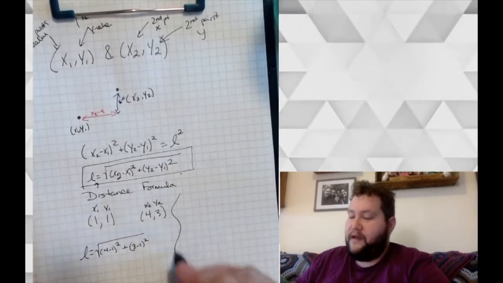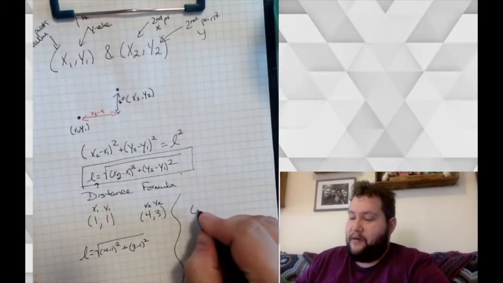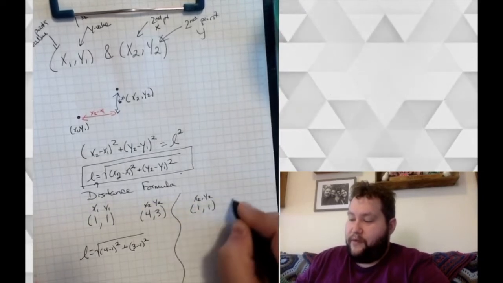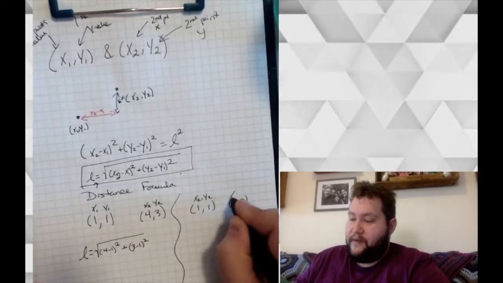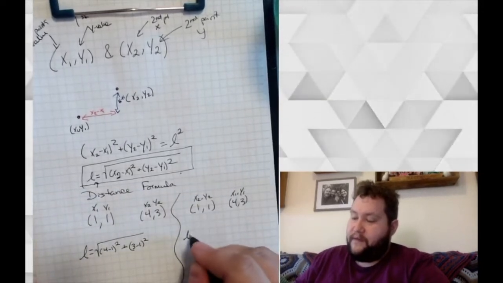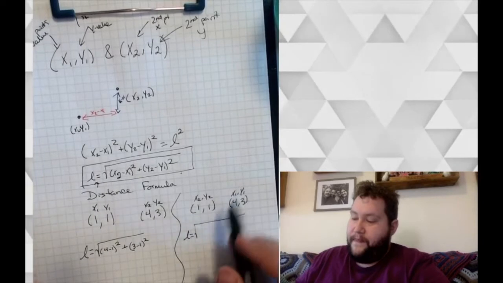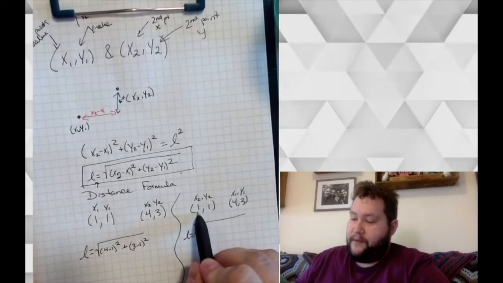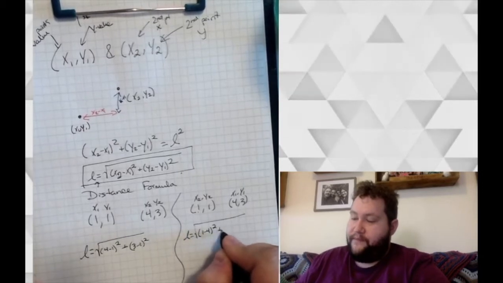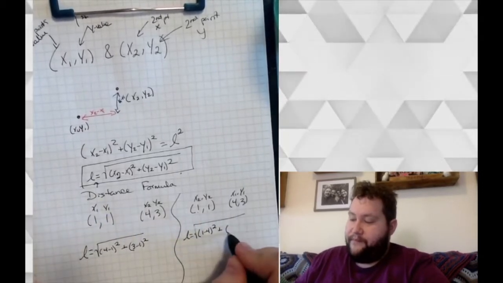But what if instead you were like, well, I'm going to call 1, 1 x2, y2, and I'm going to call 4, 3 x1, y1. Well, here what we get is the square root of (1 minus 4) squared plus (1 minus 3) squared.